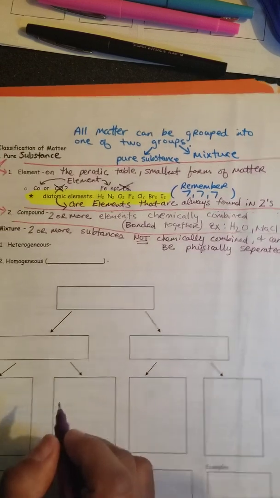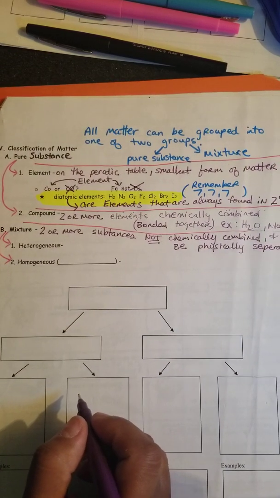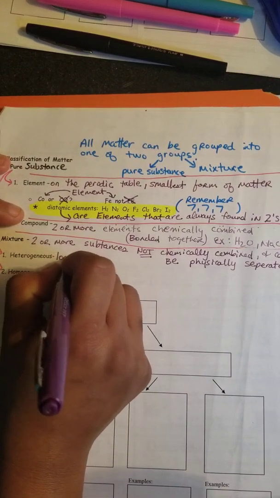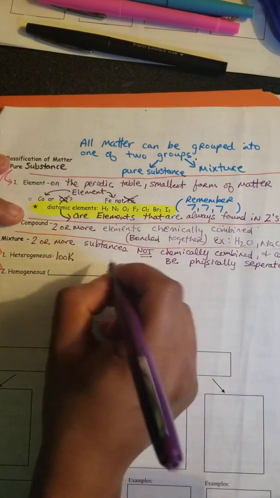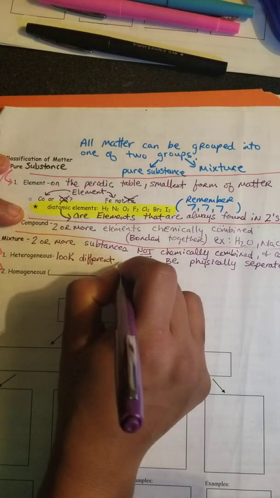Now remember, over here we've said that mixtures are homogeneous or heterogeneous. Okay, homogeneous is going to look, I'm sorry, I meant to say heterogeneous, is going to look different throughout.